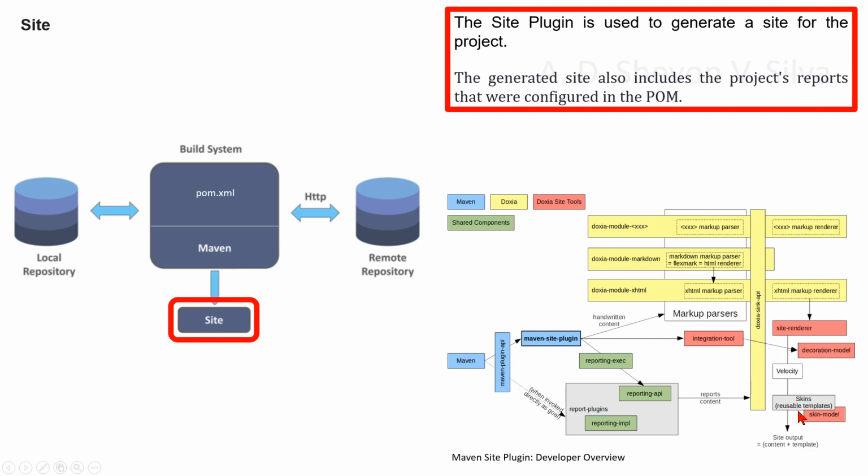Skins are connected with the skin module. Here Velocity is not part of Doxia, while the other white boxes are part of Doxia. And also the markup parser is not part of Doxia.